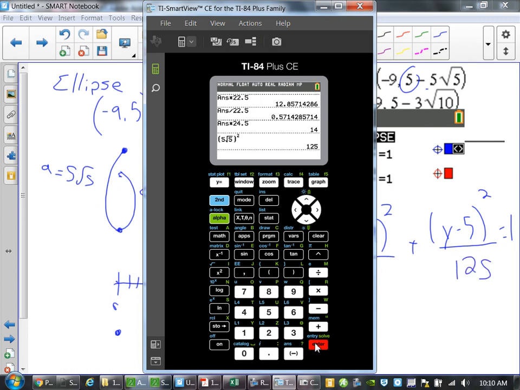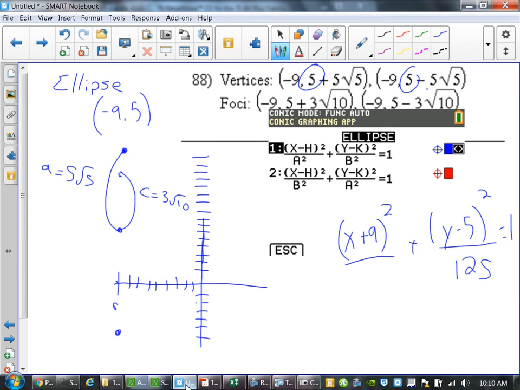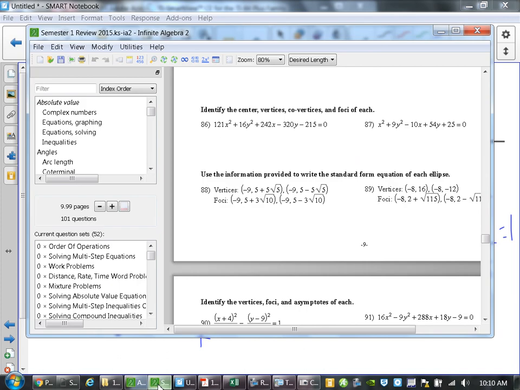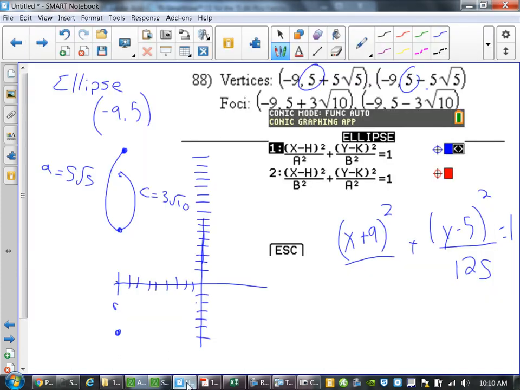I do the same thing to find my c value, but I need to figure out b. But at this point, if I look at my possible answers, oh, I had to write it out. It wasn't multiple guess. So I have to finish it out. In an ellipse, when you have your a squareds and your b squareds and your c squareds, is it addition between the a and b, or is it subtraction?